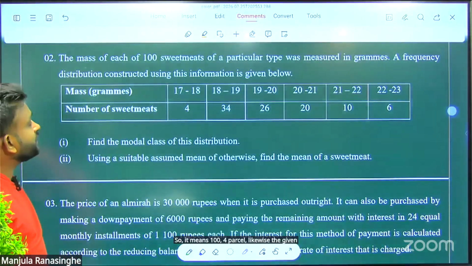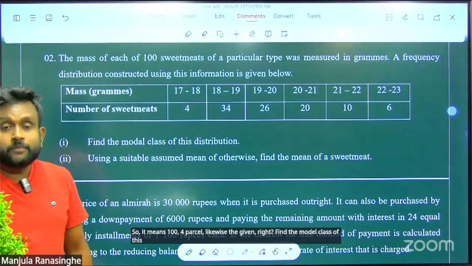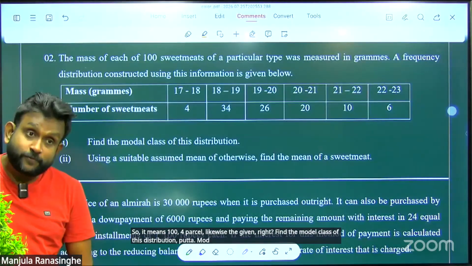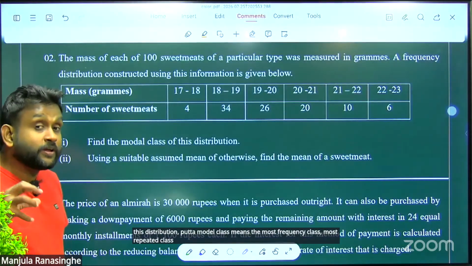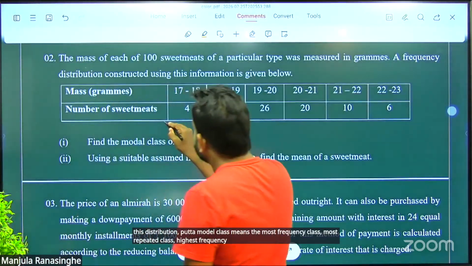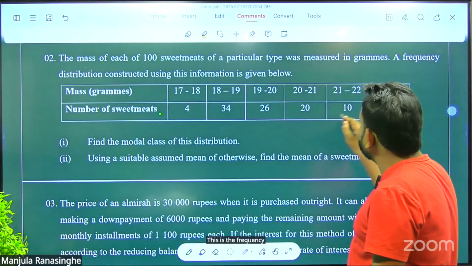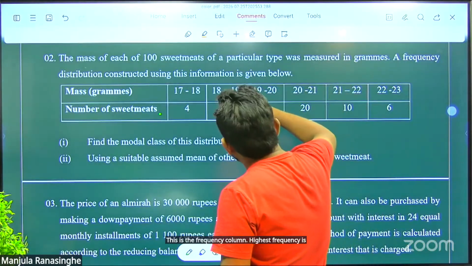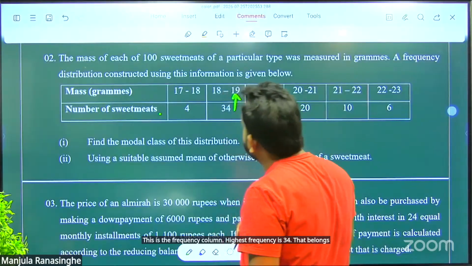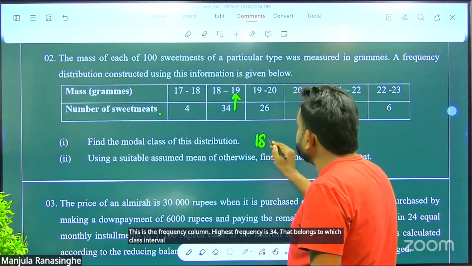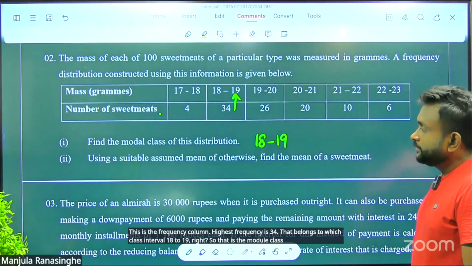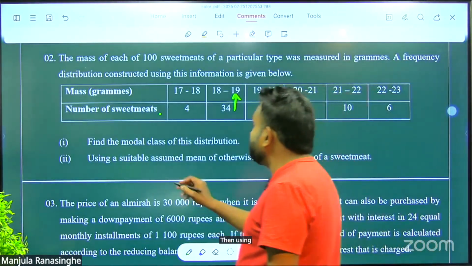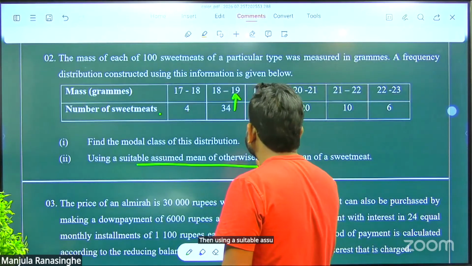Find the modal class of this distribution. The modal class means the most repeated class, the highest frequency class. See the frequency column: the highest frequency is 34, and that belongs to the class interval 18 to 19. So that is the modal class.